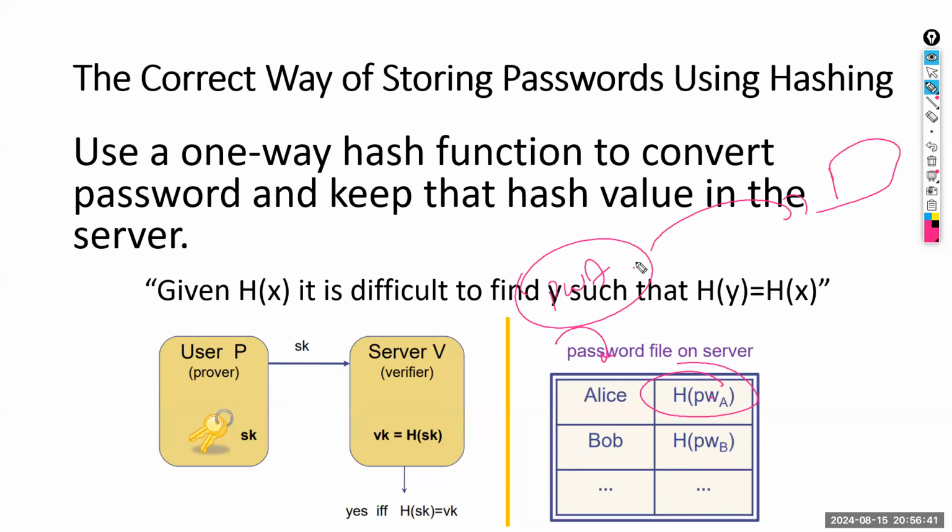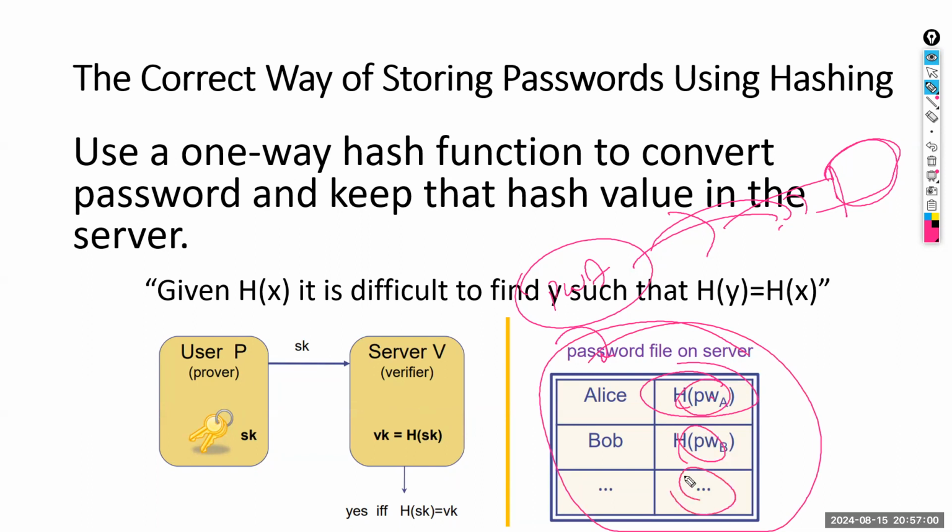Then again, you take the same hash and check whether it is the same as the hash value in your table. So then you say yes. So what is the advantage of doing it like this? If someone hacks the database, of course he or she will have all these hash values. But does it mean that using that hash value he or she can log in?